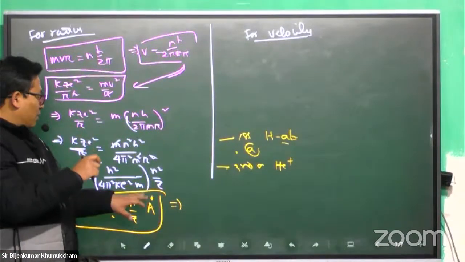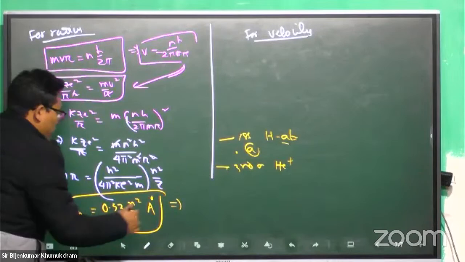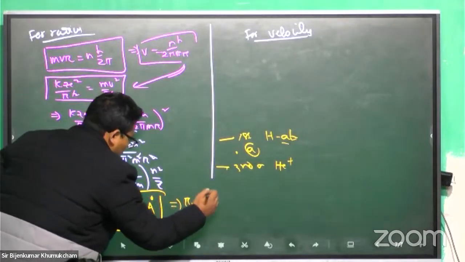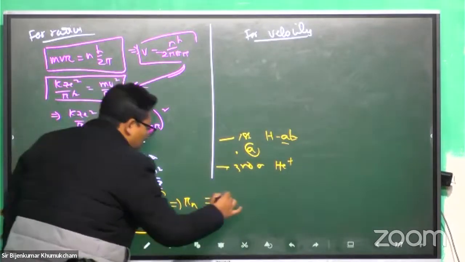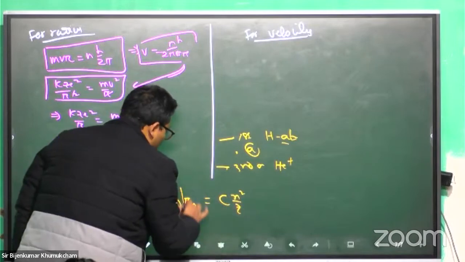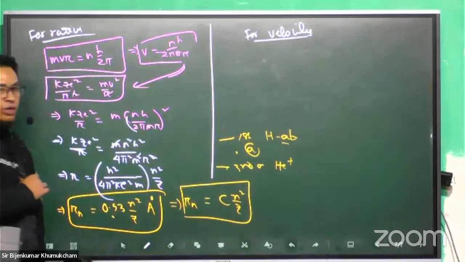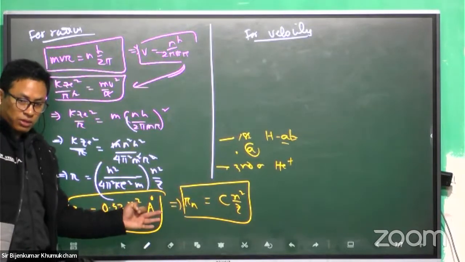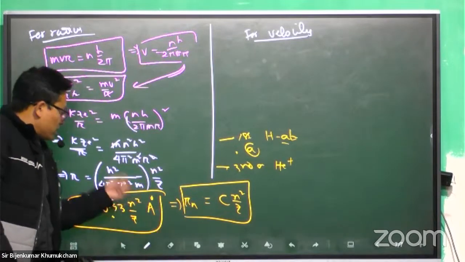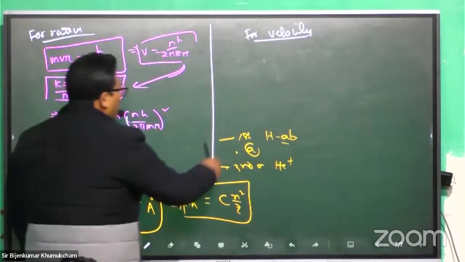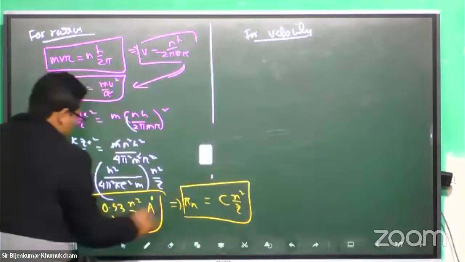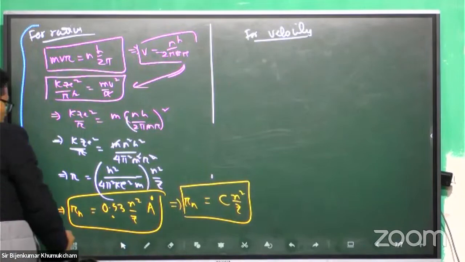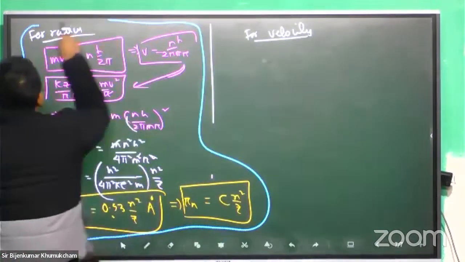What I do is, the radius is directly proportional to some constant times n square by Z. Your constant is nothing but 0.53 angstrom. And this 0.53 angstrom is what we call Bohr's radius. What is Bohr radius and what is its value?